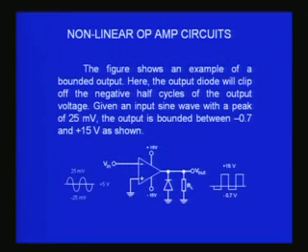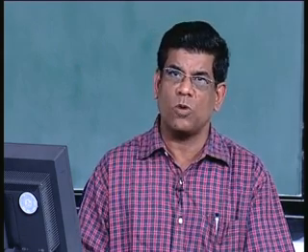There is another small difficulty that we have with reference to the output, and that is the output is always plus or minus 15 volts or plus or minus 12 volts, whatever is the VCC. If that is the case, it is very difficult to use that for any useful application. At least if it is from 0 to some 5 volts or 10 volts, we might be able to use it for some digital applications and things like that.